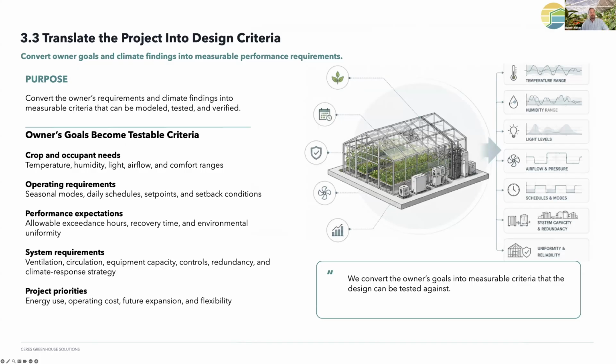We also define the system capacity. Do they need redundancy? How much energy will be used? The operating cost? And are there any future expansion and flexibility priorities that the owner needs? This translation step creates a clear technical basis for evaluating whether the weather and the design are capable of delivering what this owner actually expects.